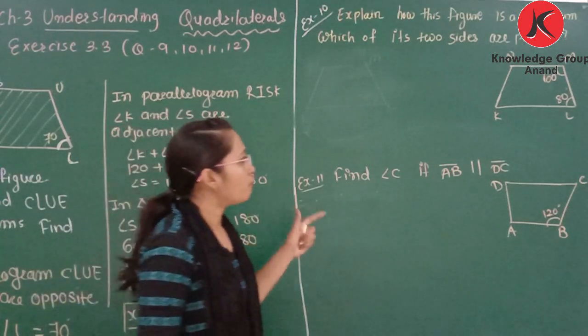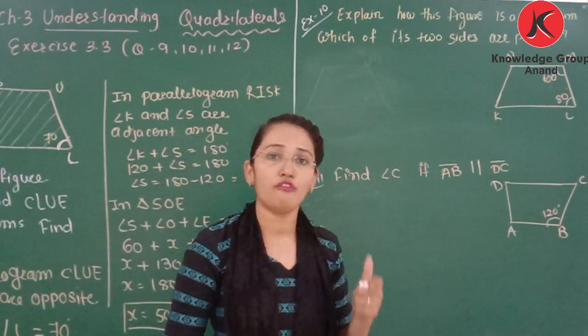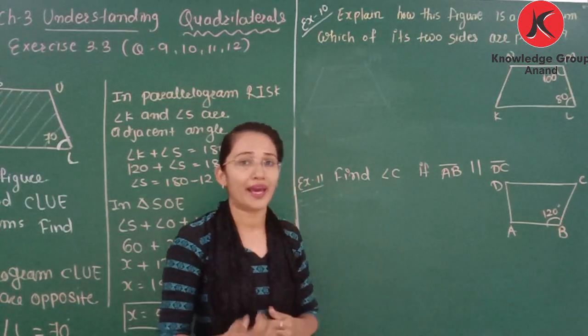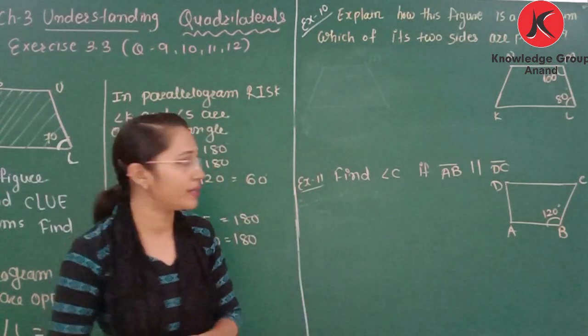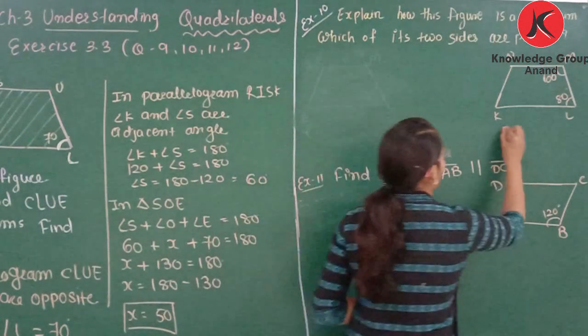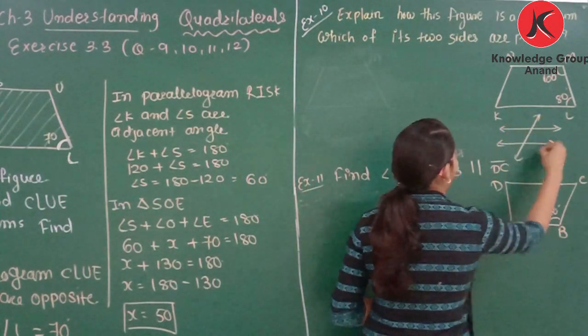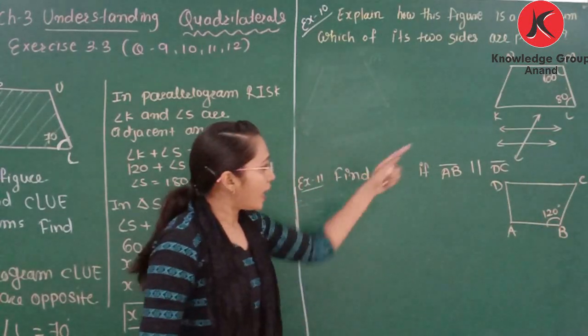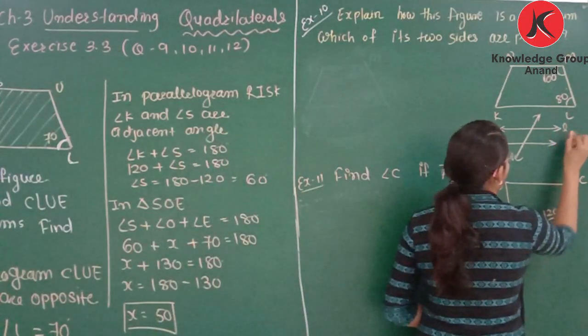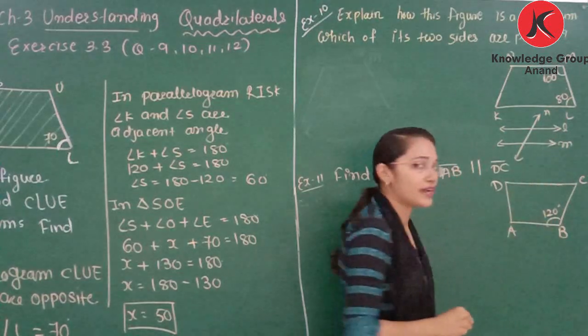But we already learned a property of parallel lines, which we learned in 7th standard. For example, if these two lines are parallel, let's say this is L, M and N. N is a transversal.